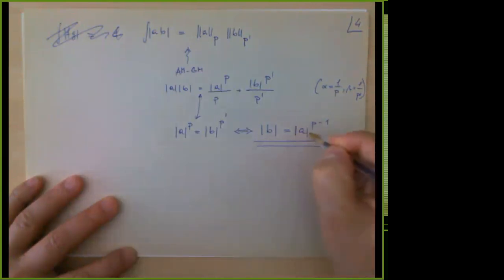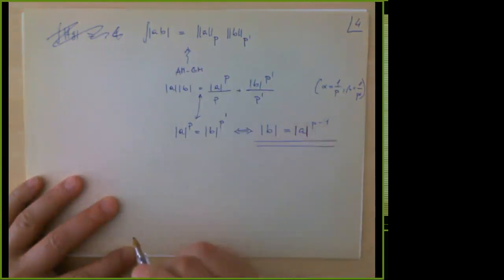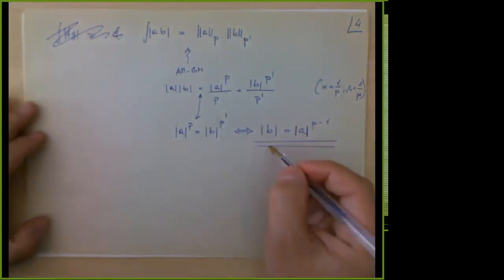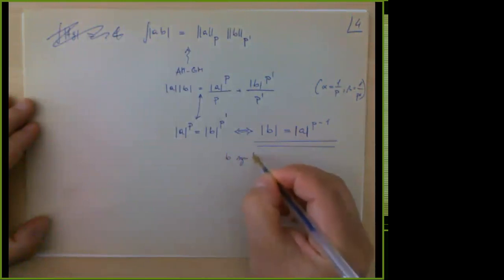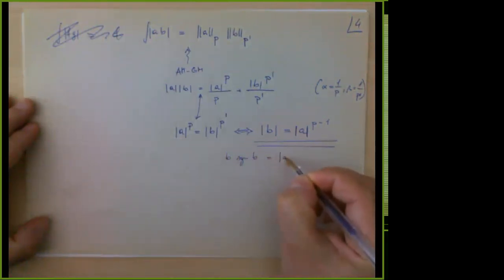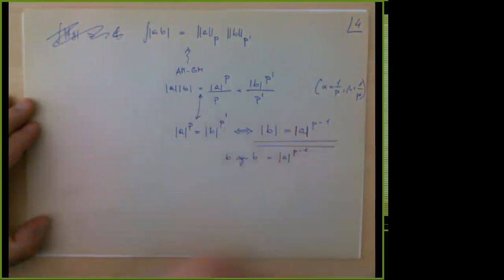Okay. At this point, we are not yet done because we really want to identify B, not the absolute value of B. And the way to do this is to write B sine of B equal to A to the power P minus 1.